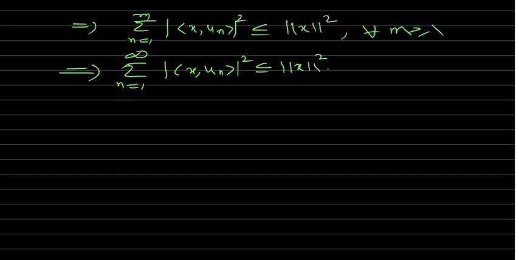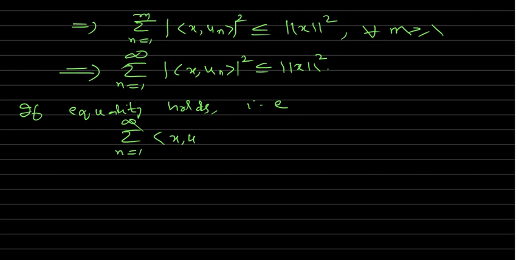So now assume that if equality holds, that is we have this summation n runs from 1 to infinity, its inner product x un mod square, so that's equality here.